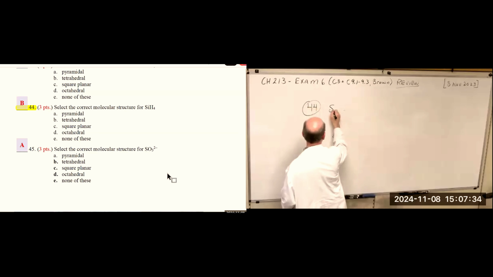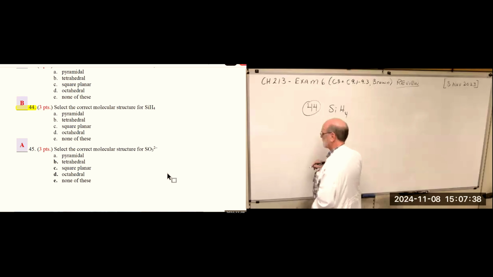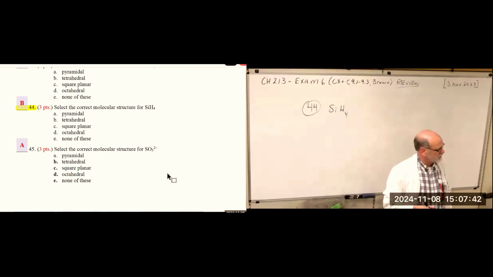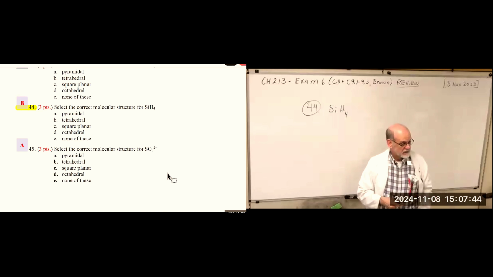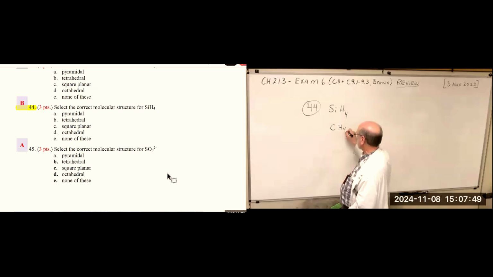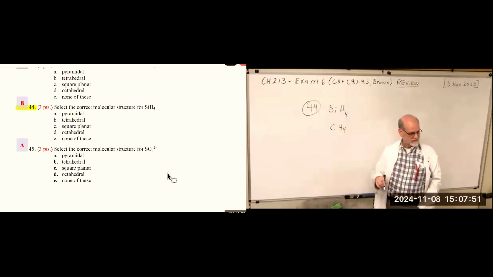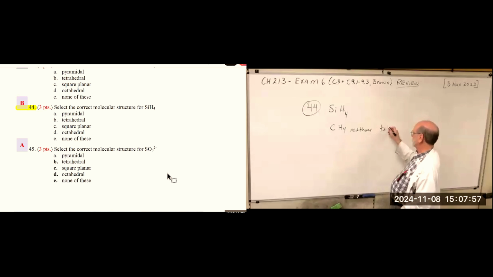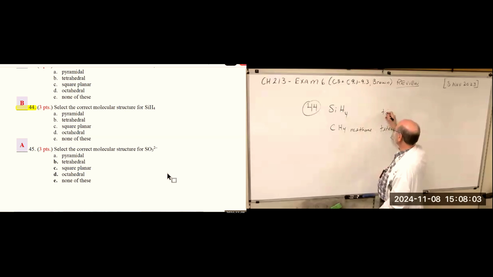Notice where silicon's located. It's in the carbon group. So it's analogous to that compound, methane. Right? This is methane. Methane is tetrahedral with no lone pairs. This one is also tetrahedral.